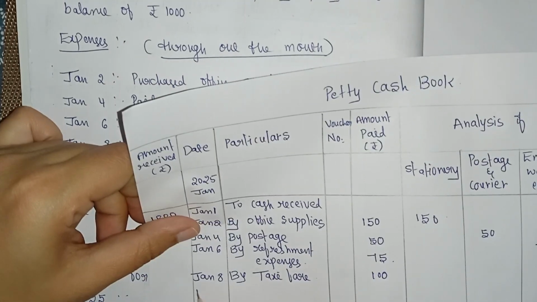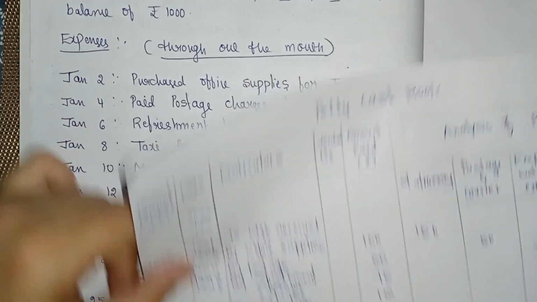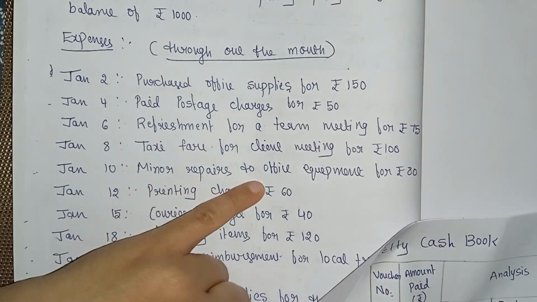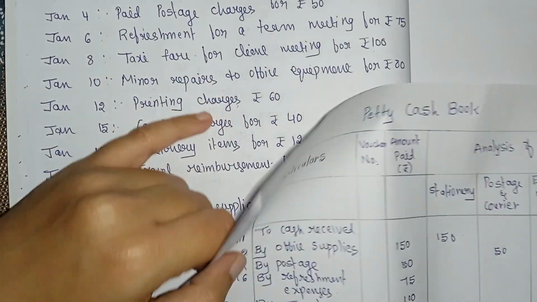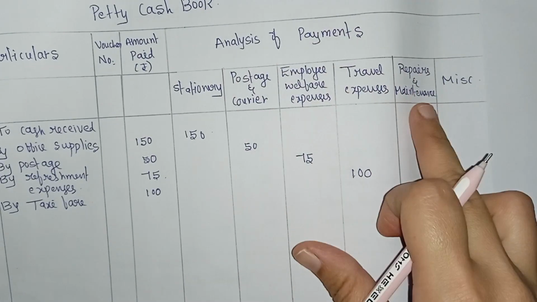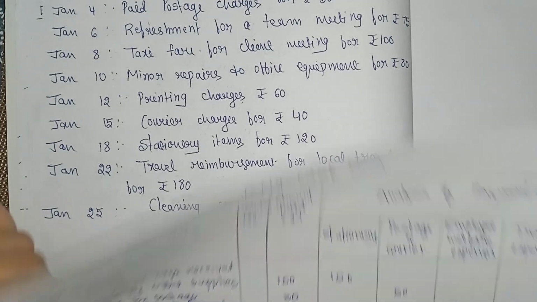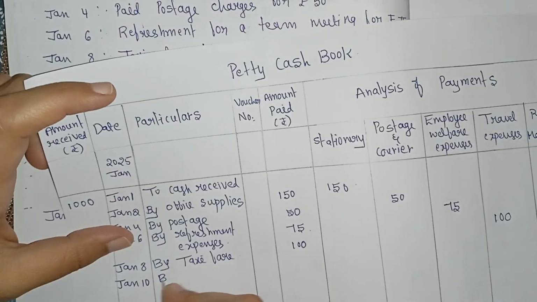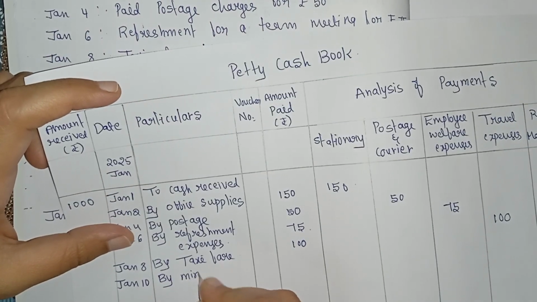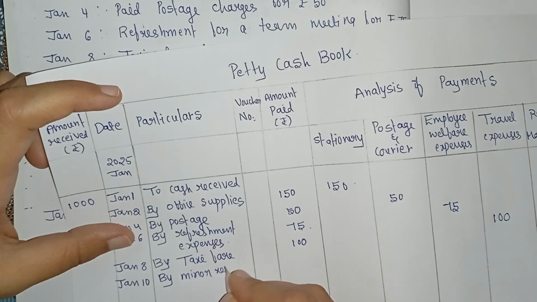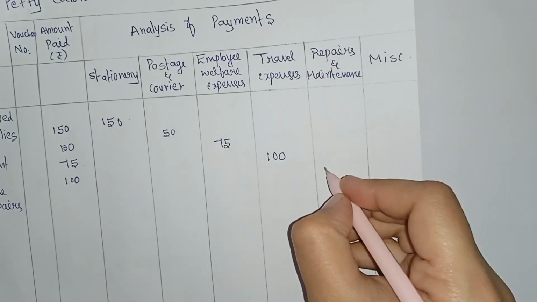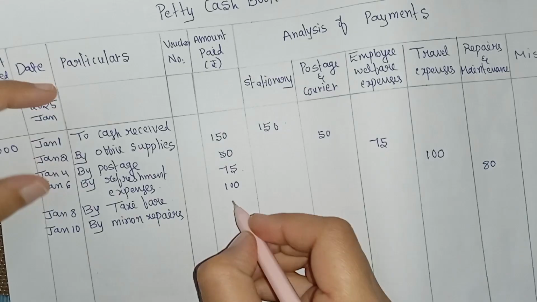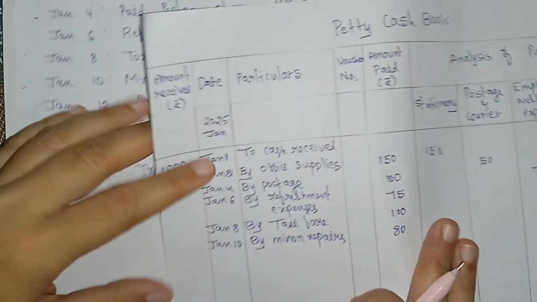Next one, Jan 10th. Minor repairs to office equipment for rupees 80, that falls under repairs and maintenance category. By minor repairs, rupees 80, under repairs and maintenance category, total amount rupees 80.